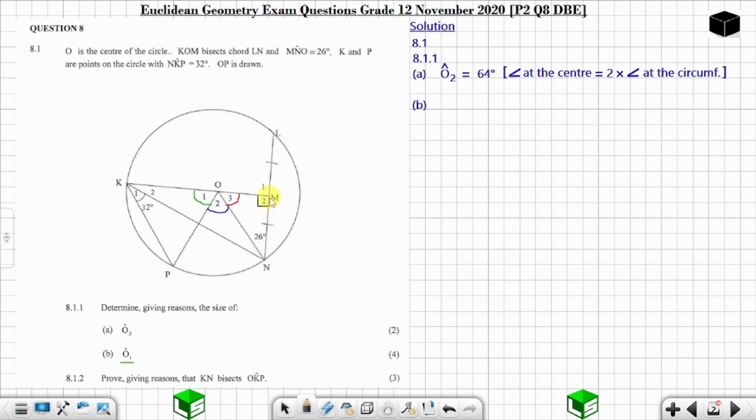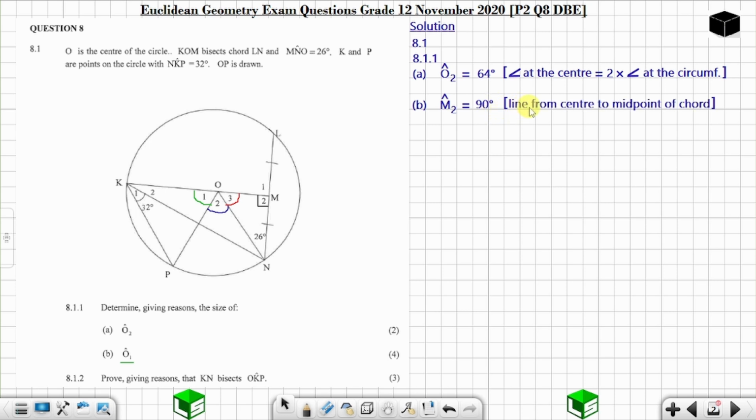So you understand, M is the midpoint. When you have a line from the center to the midpoint, this angle is equal to 90 degrees. So angle M2 is equal to 90 degrees.